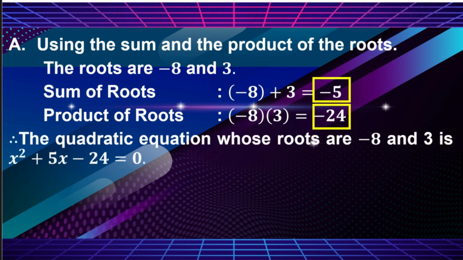Therefore, the quadratic equation whose roots are -8 and 3 is x squared plus 5x minus 24 equals 0. X squared, the quadratic term here is automatic. The linear term is from the sum of roots, but with its opposite sign. And the constant term is the product of roots.